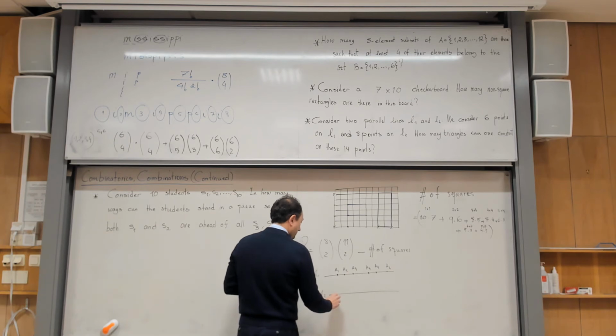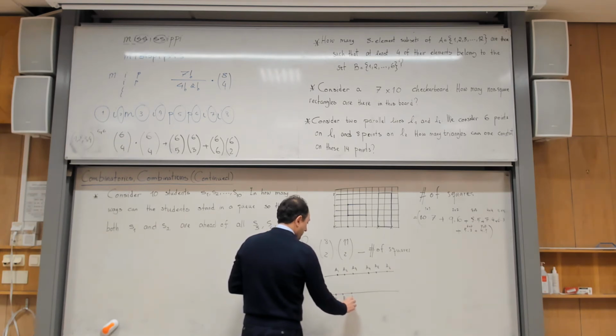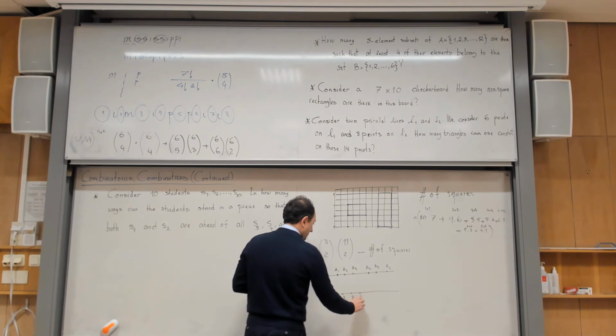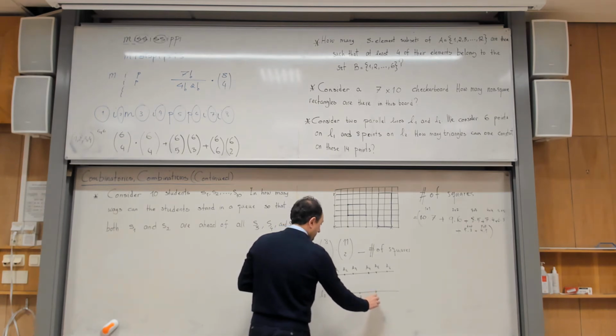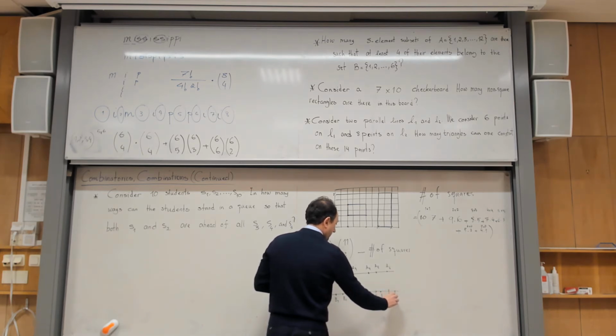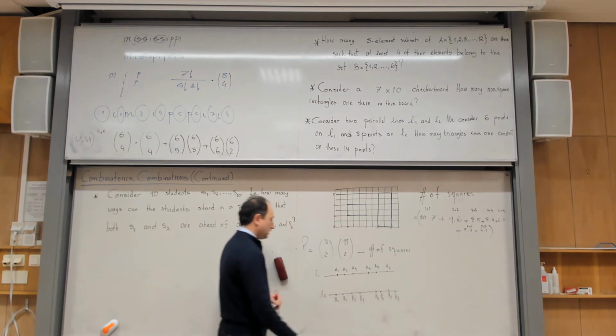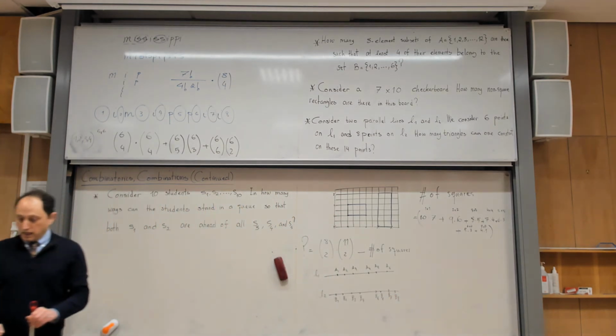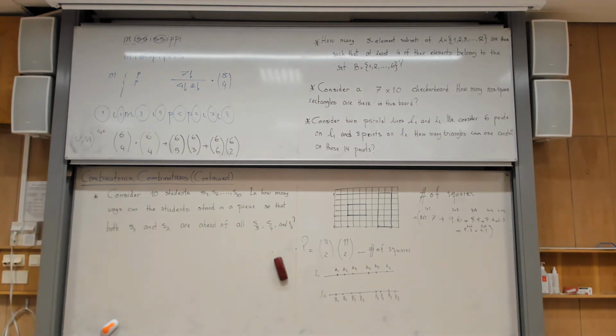And then I have points here, let me call them B1, B2, B3, B4, B5, B6, B7 and B8. Okay, I want to make triangles using these 14 points. How many triangles are there?